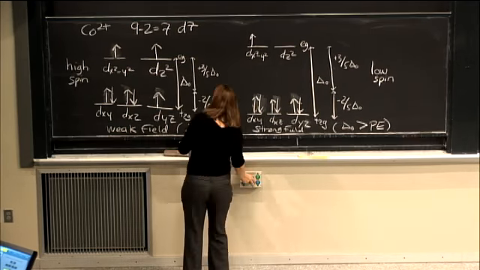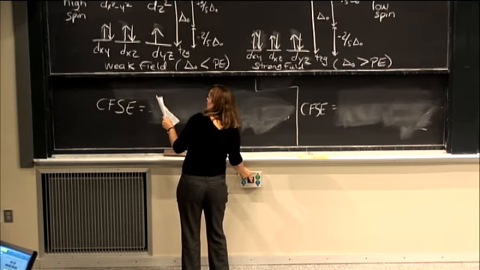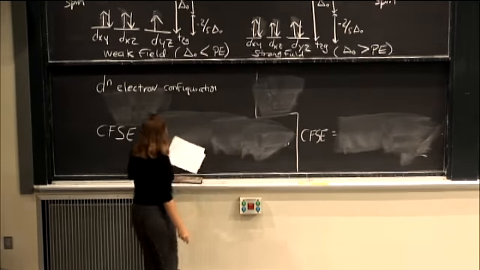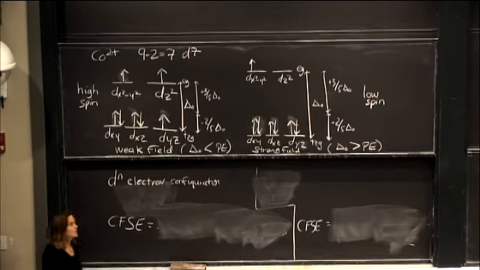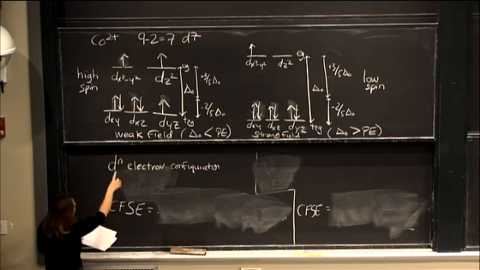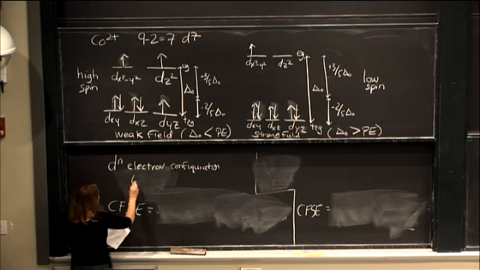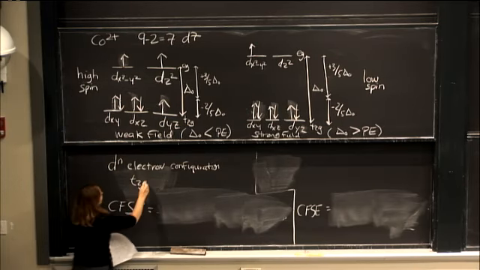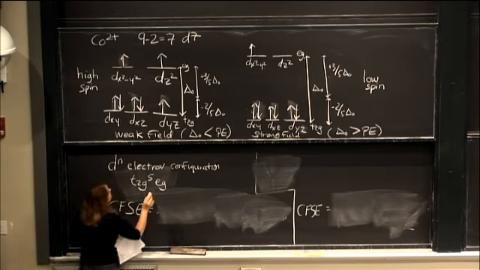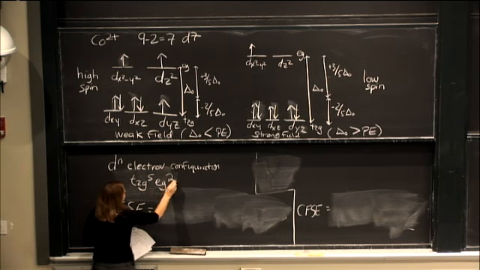All right, so let's finish this up now and do our d n electron configurations and our crystal field splitting energies. So for this case, we're going to have in our T2G system how many? 5. And in EG, 2.